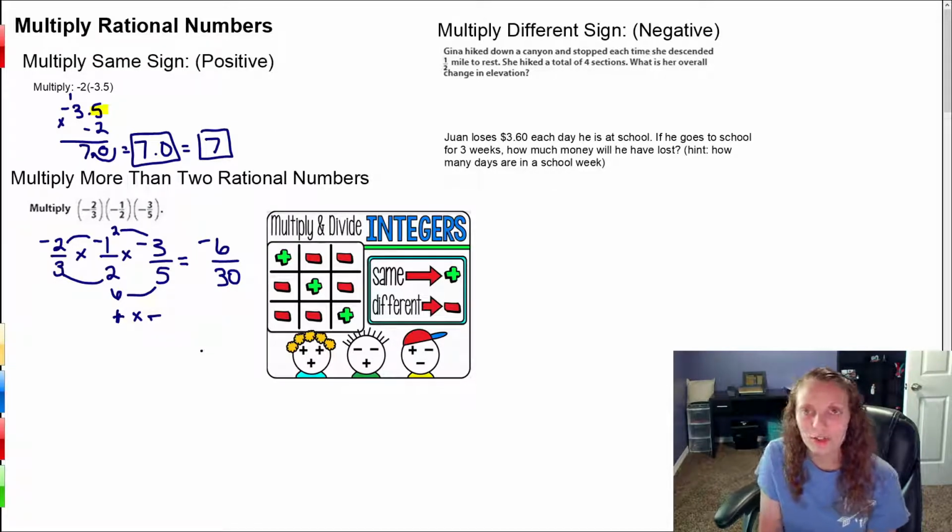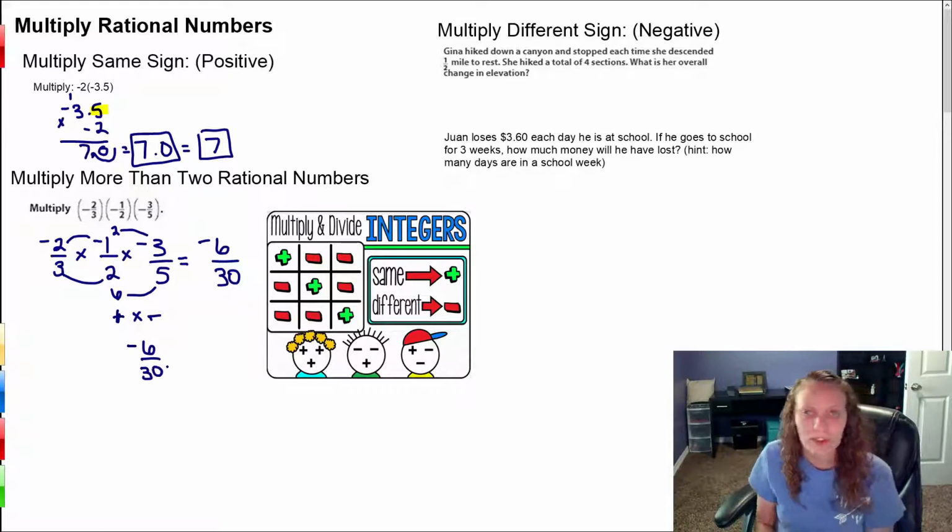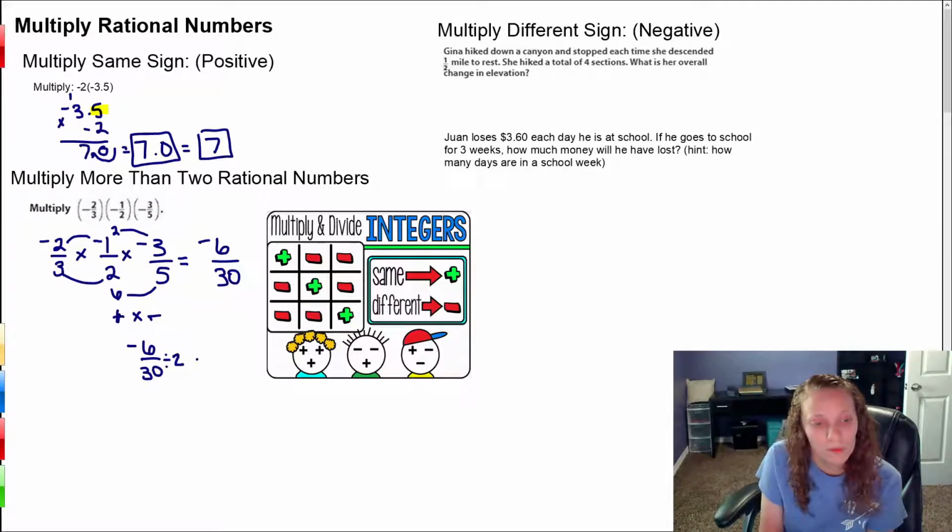Now let's review simplifying fractions, because I know that this is not in its simplest form. So let's take negative 6 over 30, and we have to think of a number that goes into both 6 and 30. Well, I know both of these are even numbers. We could start with dividing by 2. 6 divided by 2 is 3. 30 divided by 2 is 15.